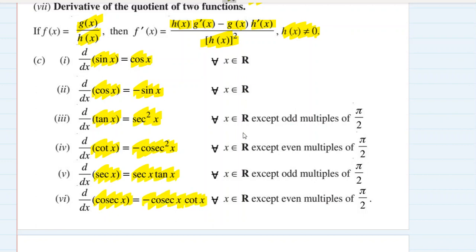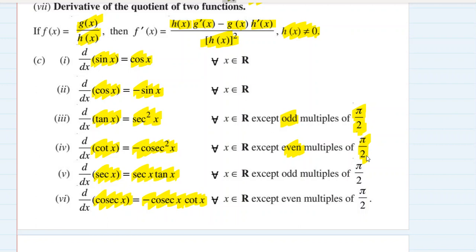Now, do you see that these are applicable for all real numbers, but for tan, cot, sec, and cosec x, we do not consider the values of x at odd or even multiples of pi by 2, because at those values the functions cot x, tan x, and such do not have any definite values.